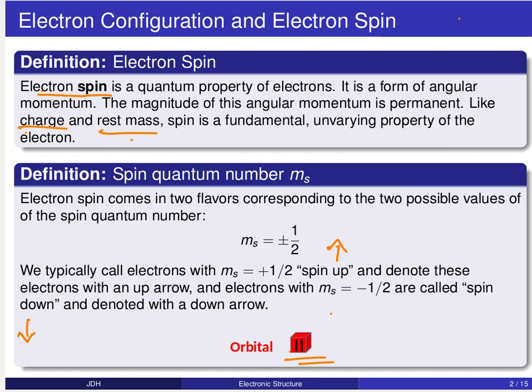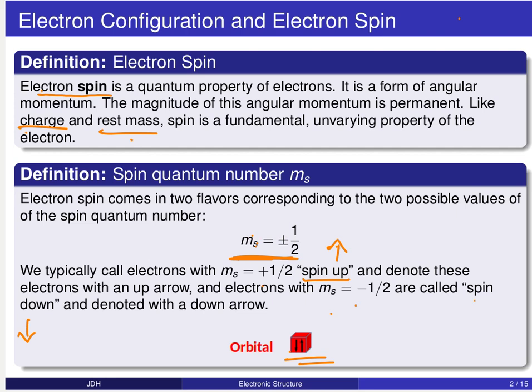Okay? And they have a corresponding quantum number that allows us to identify each one of these two possible spin states. So the quantum number we're going to use here is the spin quantum number, m sub s, and it can take values of plus or minus 1/2. So if you have a plus 1/2, we're going to call it spin up.